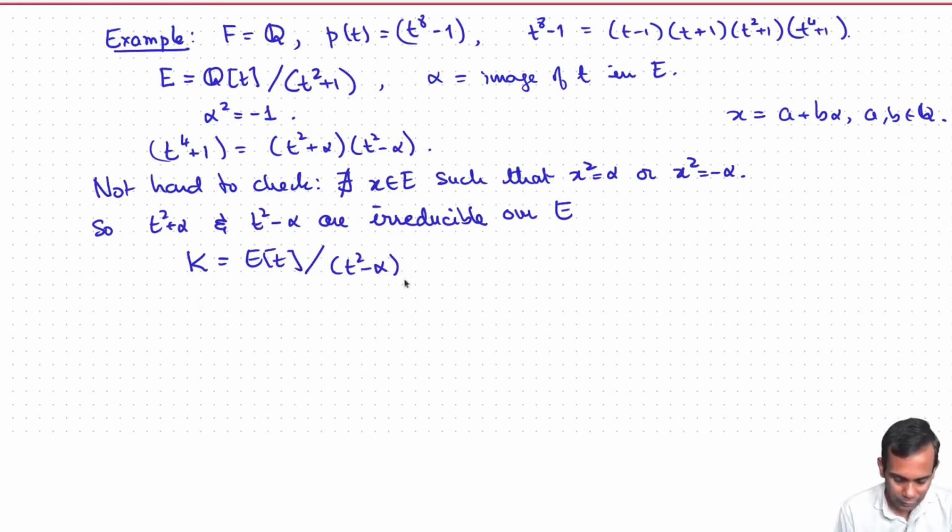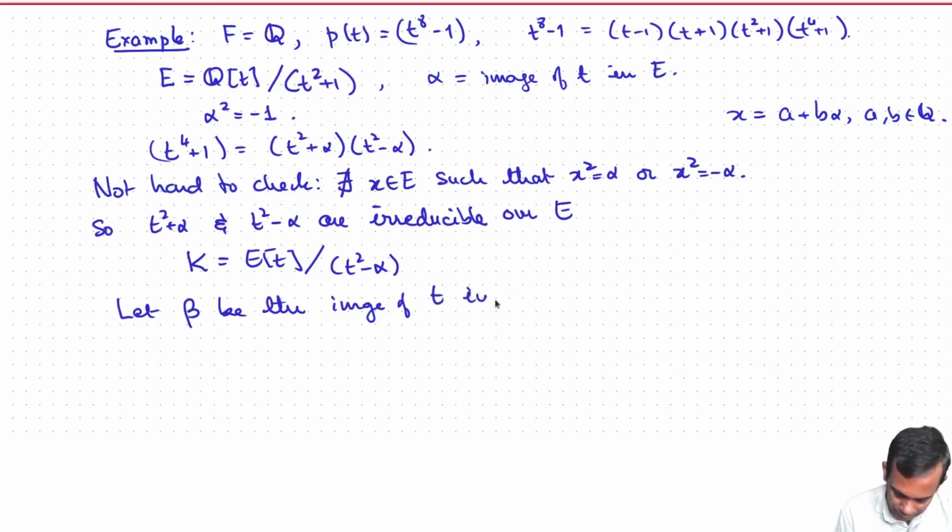That's going to be a field because this is an irreducible polynomial, and let beta be the image of t in K. Then what we have is that beta squared equals alpha.